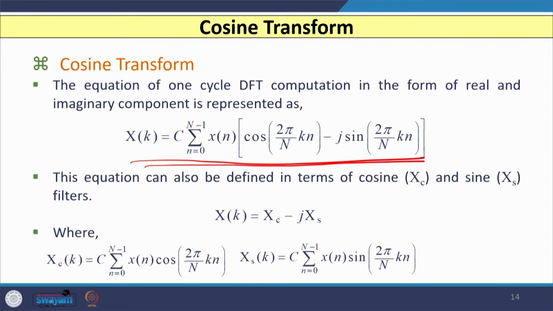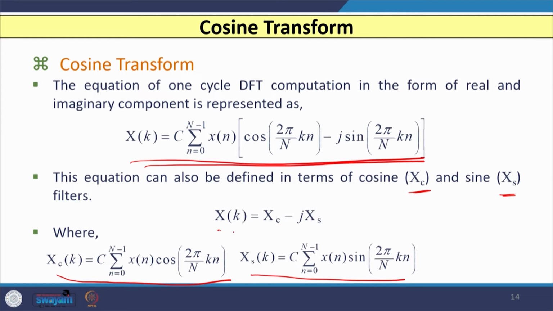Now, in this equation, if we define the cosine filter as Xc and the sine filter as Xs, then Xc of k is sigma x n cos of 2 pi by N k n, and Xs of k is sigma x n sine of 2 pi by N k n.